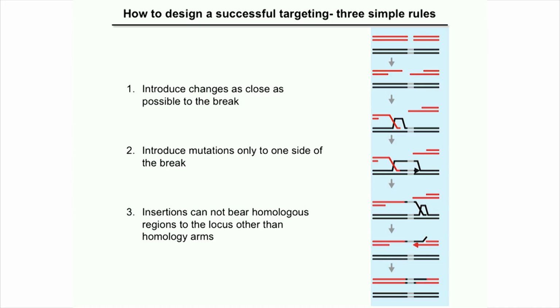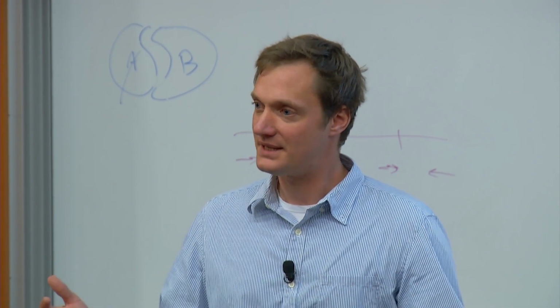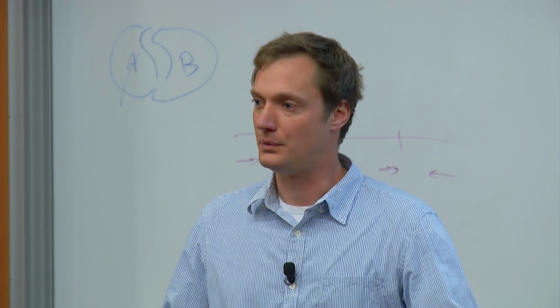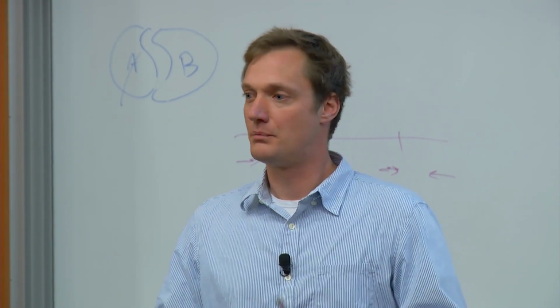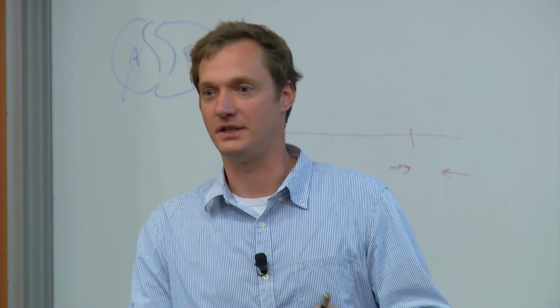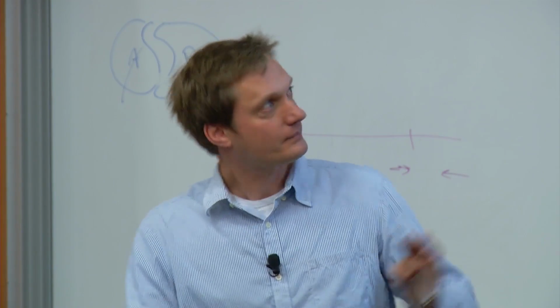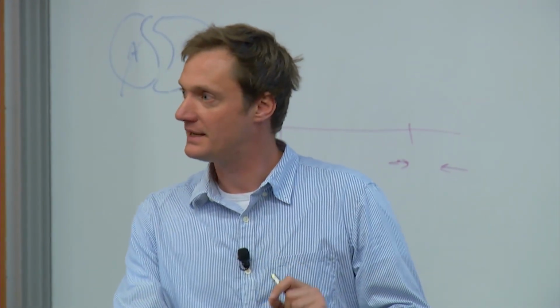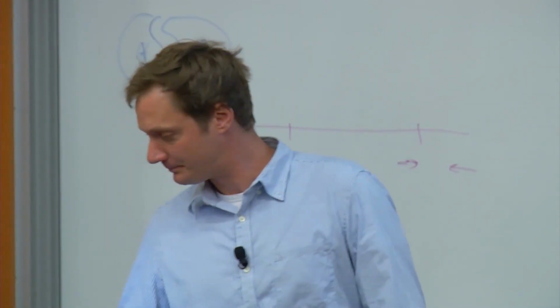And it is very important that you follow the rule that any insert cannot have any regions of homology to the left or the right side of the break, because it will allow your repair template to resolve the double-stranded break prematurely. And that usually happens when you have something like 50 to 100 base pairs of homology. These are the 3 rules that I think are very important for human ES cells to successfully edit.